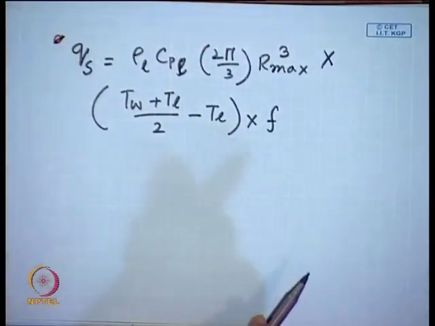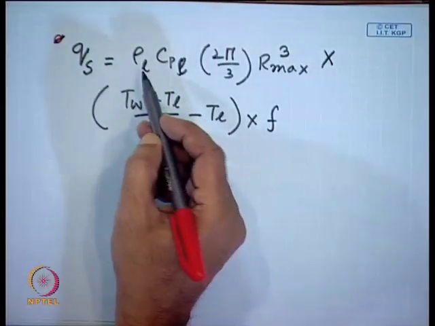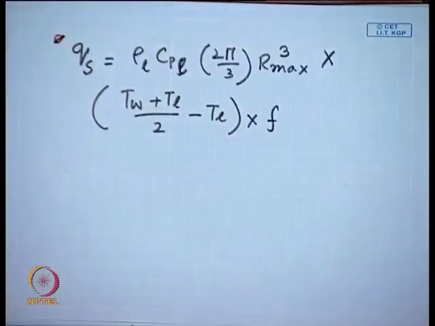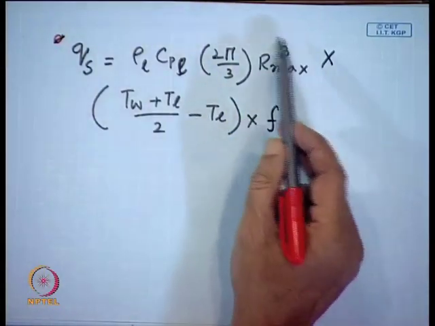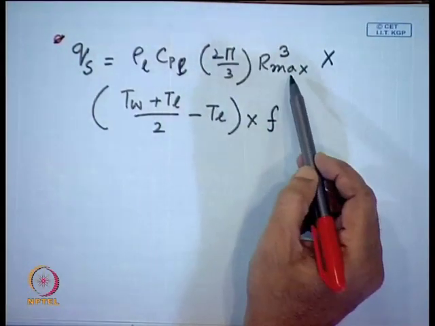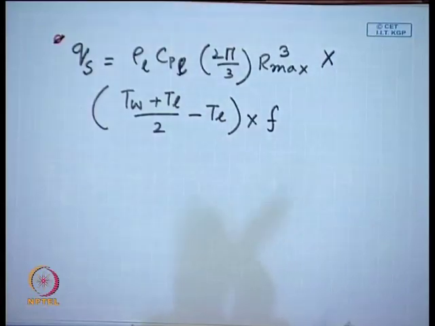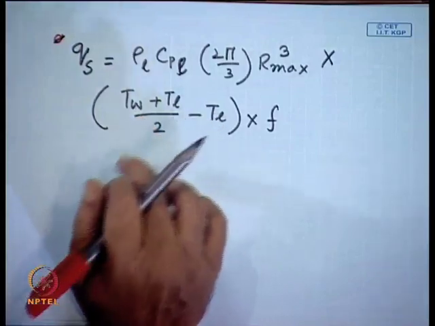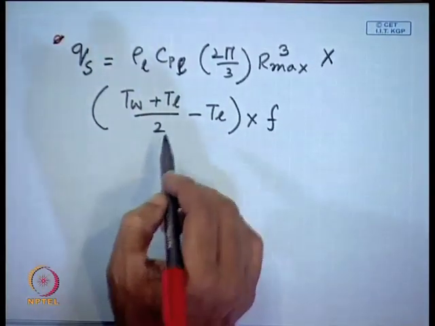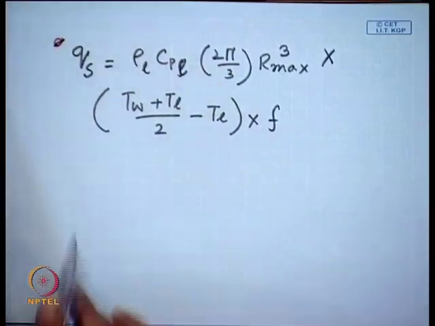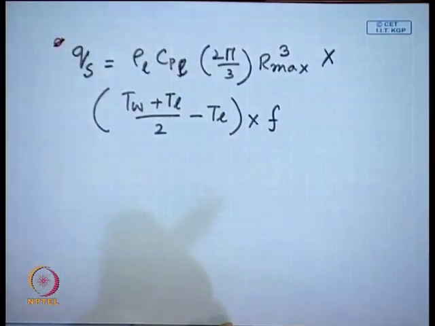So, this is the heat flux, Q s is the heat flux, rho L is the density of the liquid, C p L is the specific heat. This is coming from the bubble volume, R max is the radius of the bubble at its departure, T w is the temperature of the wall, T L is the bulk liquid temperature, and F is the frequency of this bubble departure.